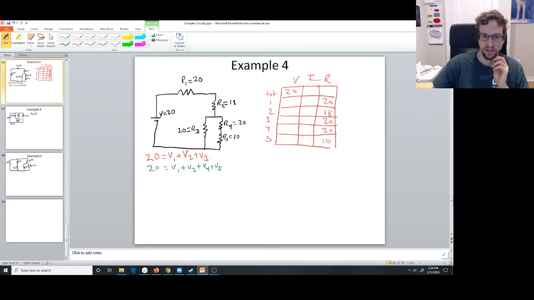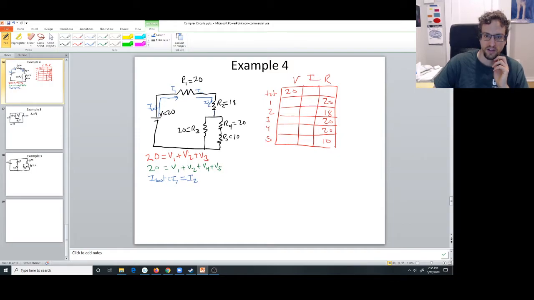So thinking about this, I usually want to start with the battery. So if I go from the battery, right here is I battery, and it ends up all going into the first resistor. So I battery equals I1. Comes out of 1, goes into 2. So I1 comes out, I2 goes in, they must be equal.